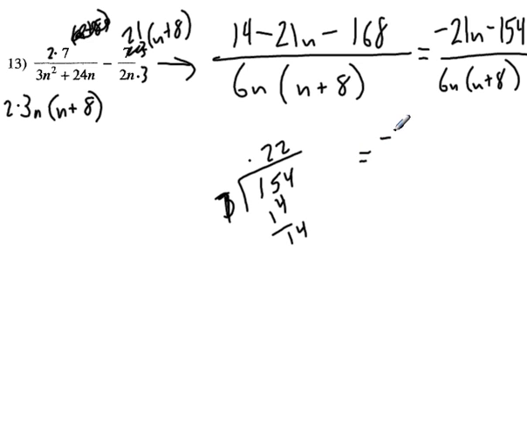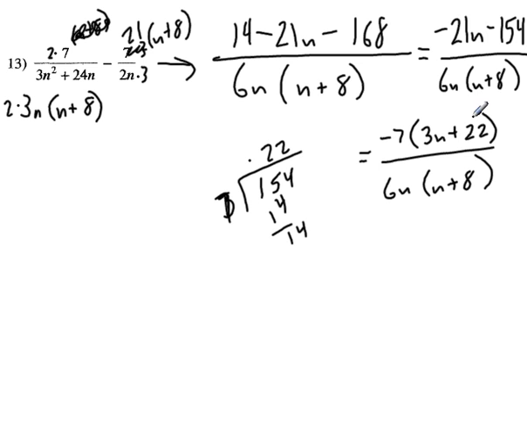So I can pull out a negative 7 and get 3n plus 22 over 6n times n plus 8. All right, again, that didn't get me anywhere. This looks better. I think you would impress more math teachers by doing this, but it's mathematically the same as this step up here.